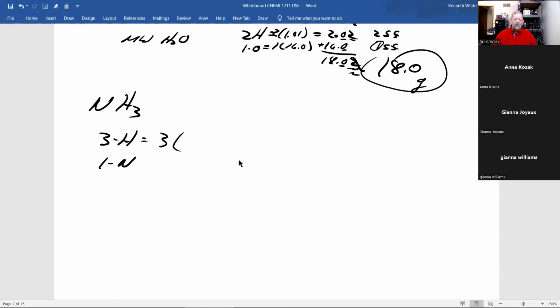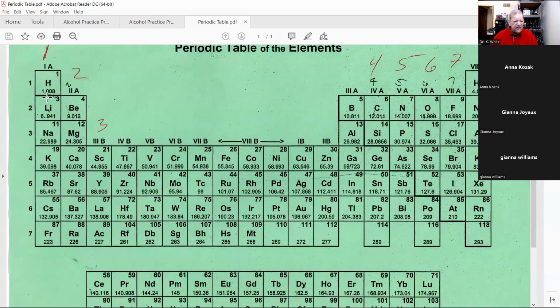Each hydrogen, what's the atomic weight? The 3 significant figures, it's 1.01. Now, if we look at nitrogen, 14.007, the 3 significant figures, keep the 1, keep the 4, keep the 0, use the second 0 to round off, that's 4 or less. I'll drop that and the 7, so that would be 14.0.